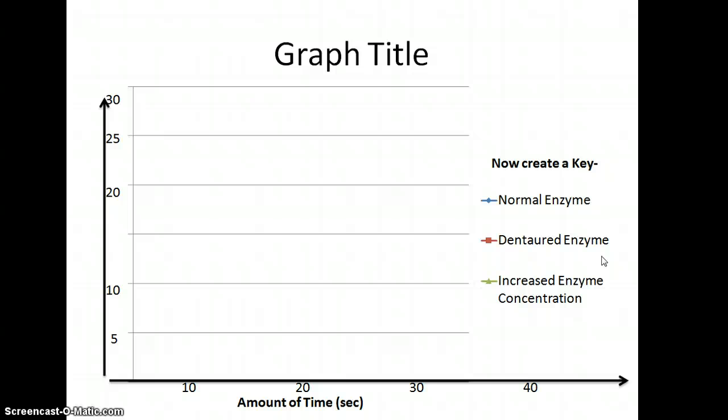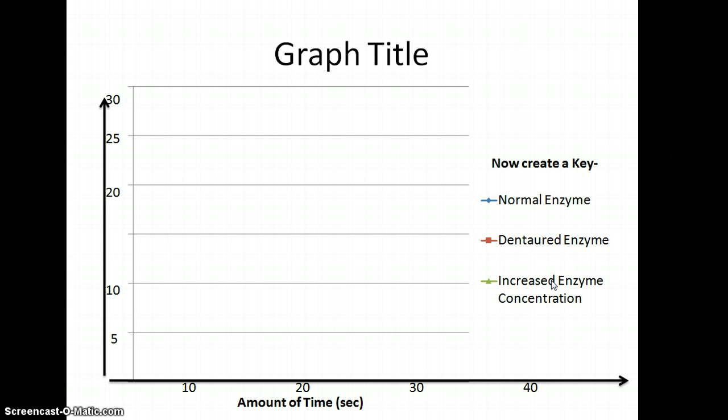So you should have a line for that. Then you denatured your hand, and if you remember, denatured means you changed the shape of the enzyme. We represented that by putting a sock over your hand, and then you recorded how many papers you broke in that time span of 40 seconds. So you should have a separate line showing the data for denatured enzymes.